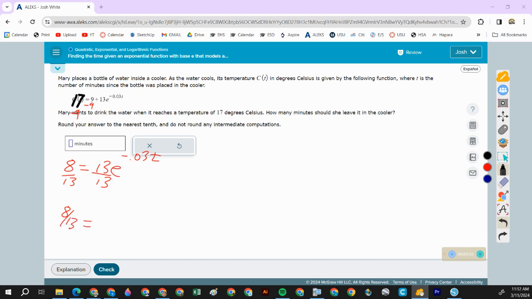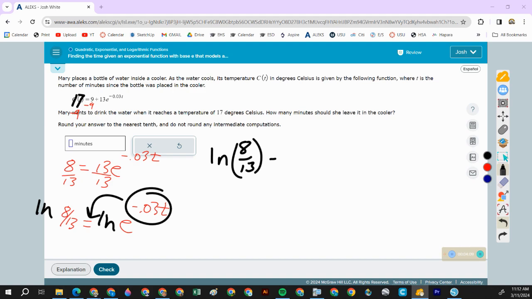8/13 is e to the negative 0.03t. ln both sides. Drop that. The ln of 8/13 is equal to negative 0.03t ln of e, and the ln of e is just 1. So we divide this by negative 0.03.